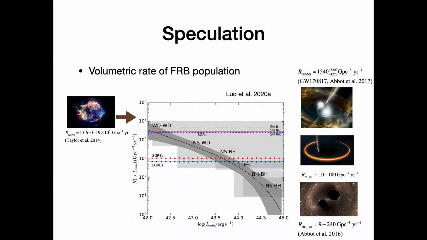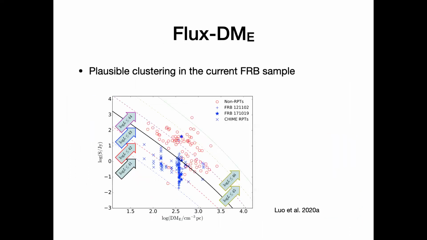When I derived the luminosity function in units of event rate density, I found that cataclysmic events cannot account for the whole FRB population. Maybe the neutron star model can account for the very bright FRBs, but how do we deal with FRBs below 10^43 erg per second? Now that we have so many repeaters published, we can still process them, and we found something similar to what we inferred before: this shows plausible clustering in the dispersion-flux diagram.